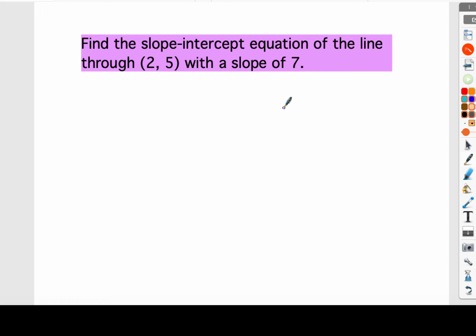First of all, we're going to do a quick review. Way back when we first learned slope-intercept form, we learned y equals mx plus b. And when we first learned how to write a slope-intercept form equation, we said, okay, if we know the slope, let's just plug our point in. If y is 5 when the slope is 7 and x is 2, I'm going to fill in the y, the m, and the x.